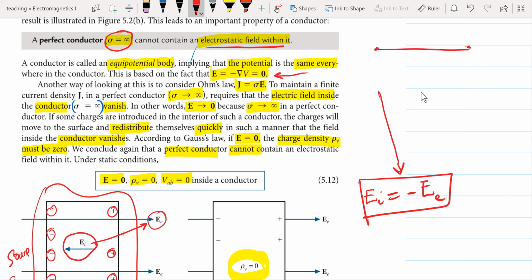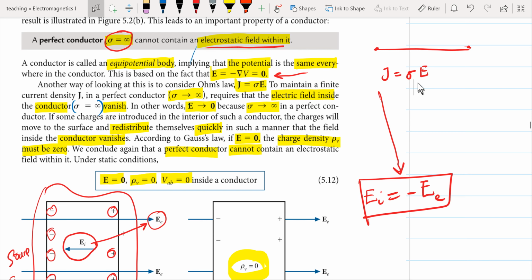Another way of looking at this is to consider Ohm's law that we define as J equals sigma E. And to maintain a finite current density J, a perfect conductor having sigma approaching infinity requires that the electric field inside the conductor also vanishes.